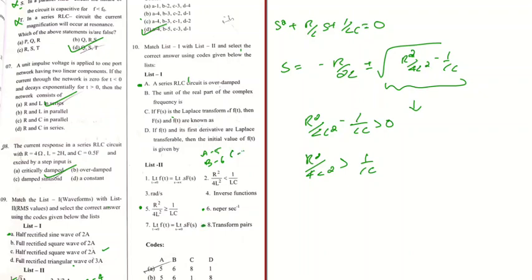So it is C8. And the last one, if f(t) and its first derivative are Laplace transformable, then the initial value of f(t), that is the initial value theorem, that is limit t tends to 0 of f(t) is equal to limit s tends to infinity of s into F(s). We all know that. So it is D1. So that is the option A.